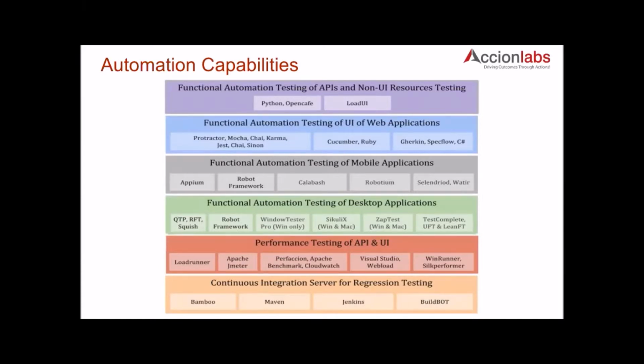We all have our favorites. So this is the real automation landscape. I don't think anybody can learn all of this, so that's why there is an automation team. We all specialize in some areas, okay?